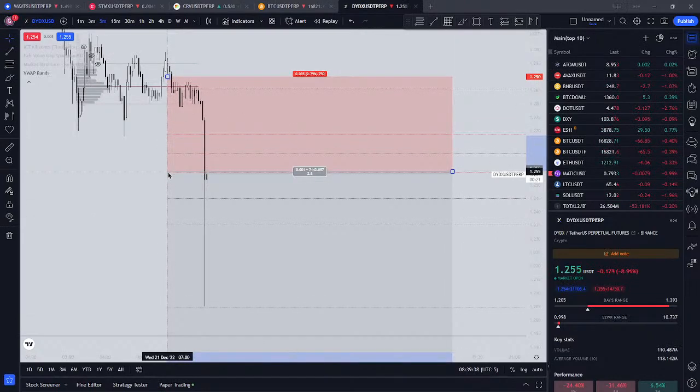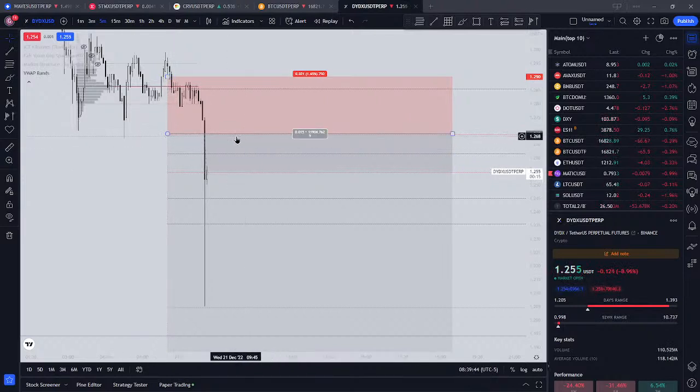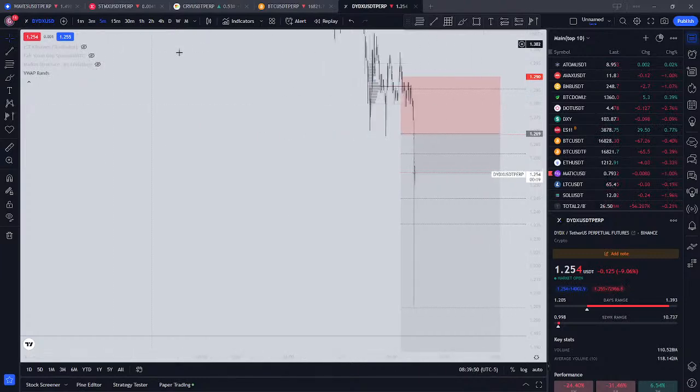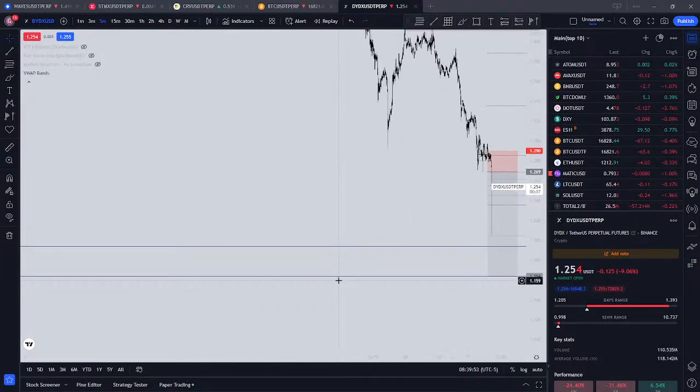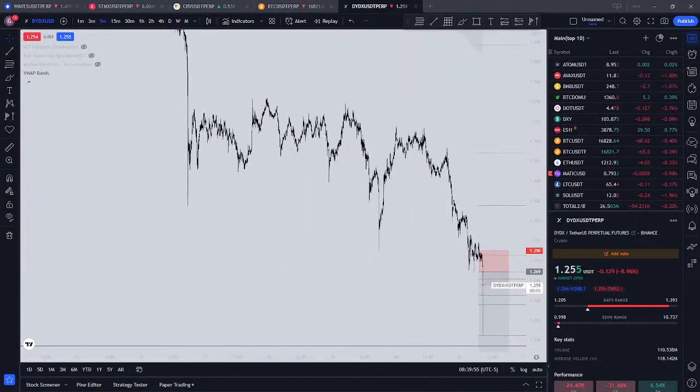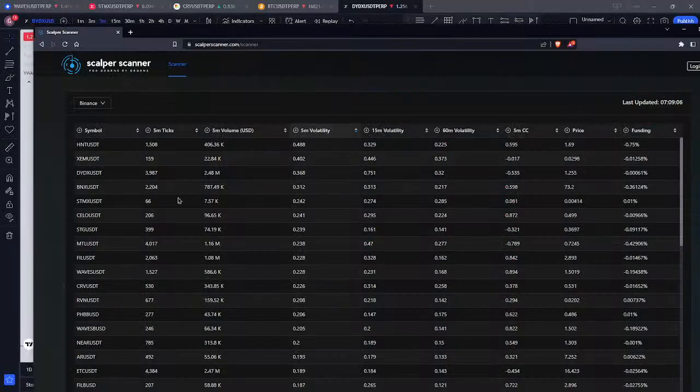Otherwise here it's just a 2.6 hour, which I would not take. So let's monitor this, and if price goes back here and shows some sort of move, maybe we can take it. But yeah, you guys can understand now why this scalper scanner is important.